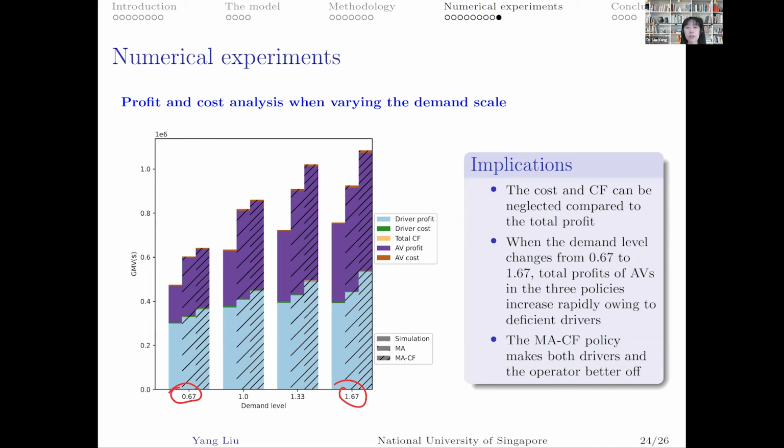This is one of the objectives of our study. We do not only want to optimize the system performance by optimizing the operator's objective. At the same time, we still want to provide a sustainable compensation scheme to the drivers so that we are able to retain a large number of drivers on the platform in the long run.